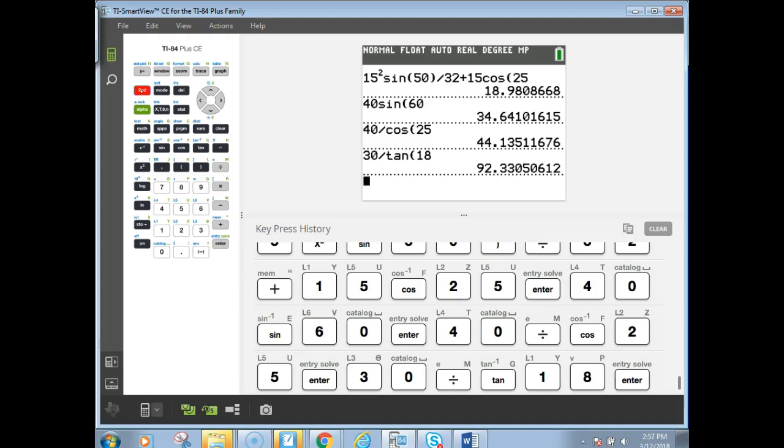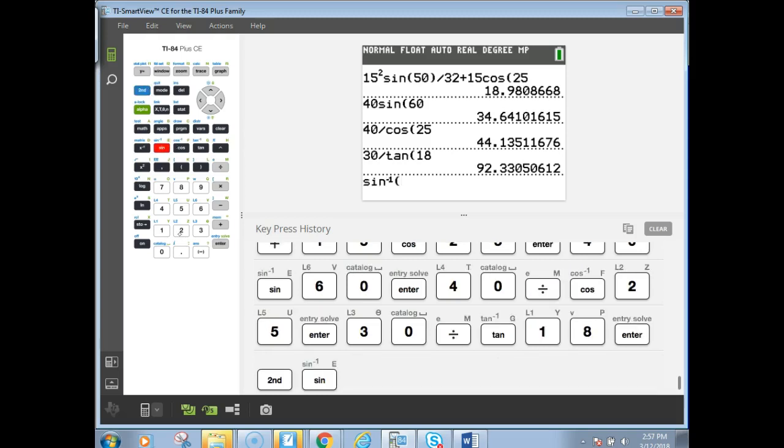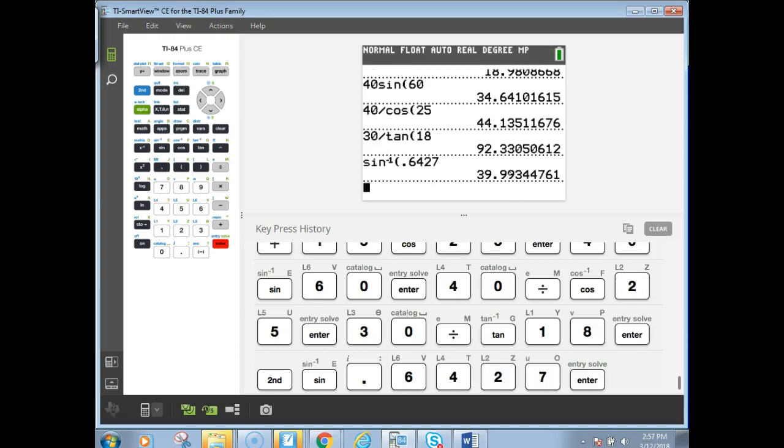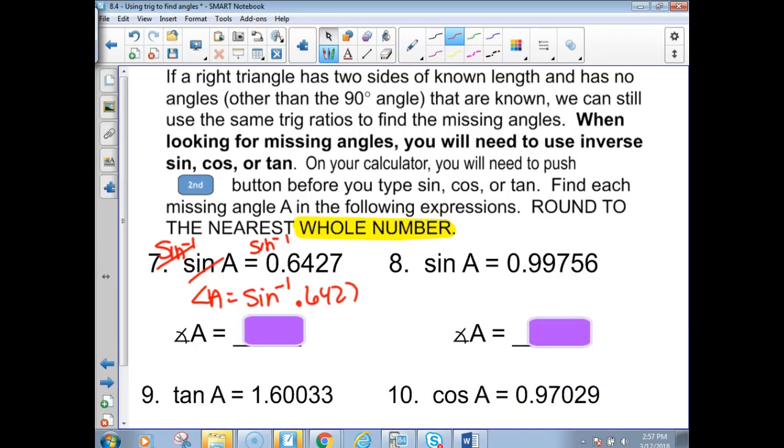Okay, so here's what we do. We go second sine. We put in the ratio 0.64. I forgot 27. And then hit enter, and it tells us the angle that had to be. So 39.99, we're going to round to 40 degrees.